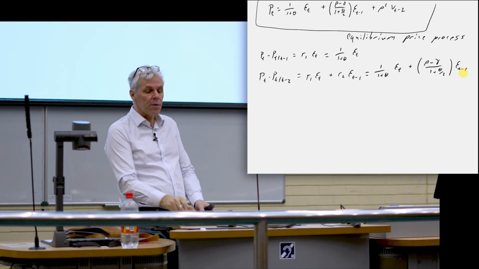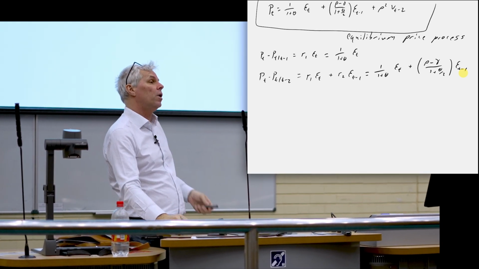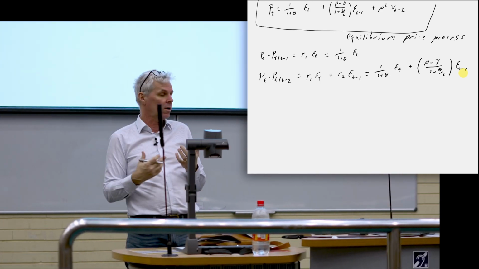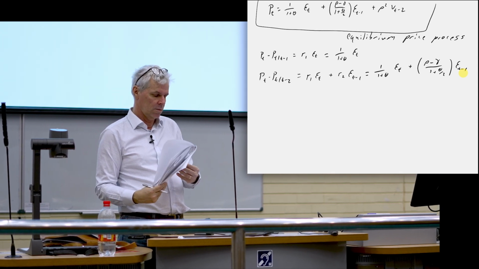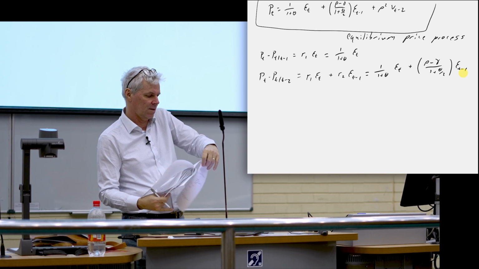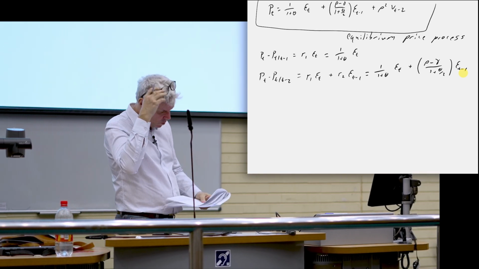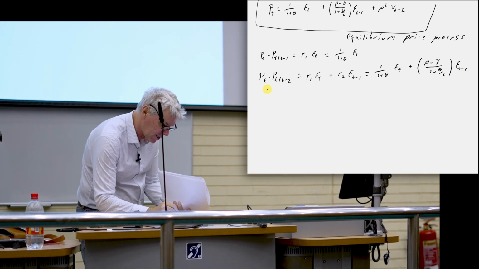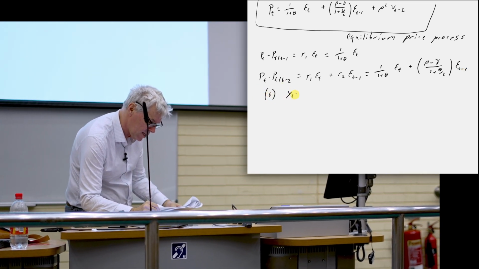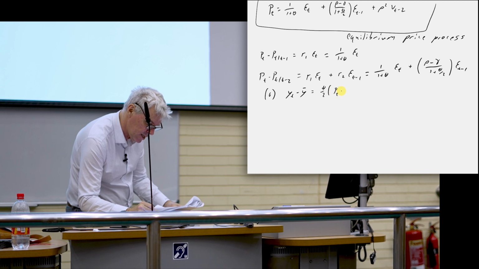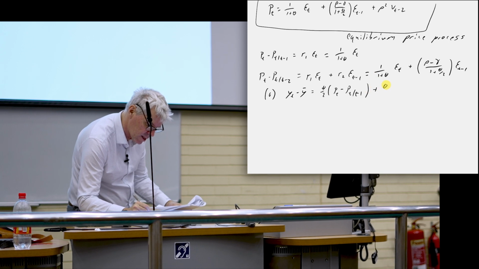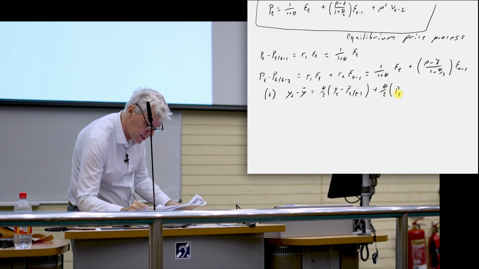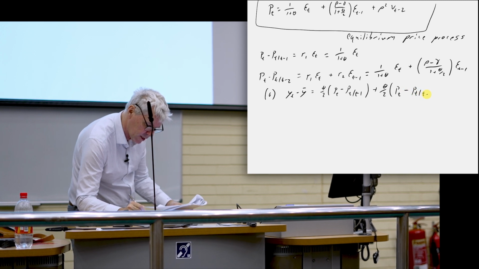And what we're really curious about in this model is what happens to output. Can we use monetary policy to stabilize output? If you go back to the very beginning of the model, which we can do, the very beginning of the model, we had equation 6: yt minus y bar was equal to theta over 2 times (pt minus pt given t minus 1) plus theta over 2 times (pt minus pt given t minus 2).